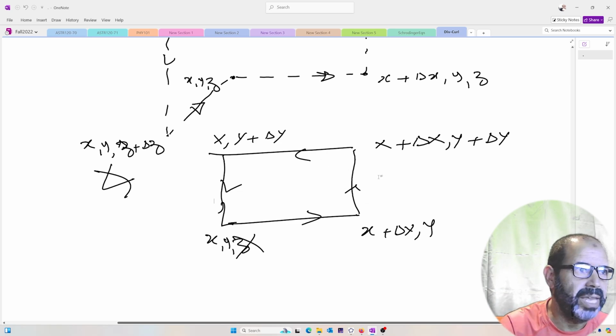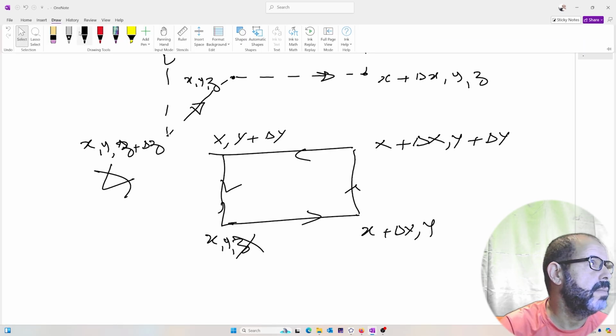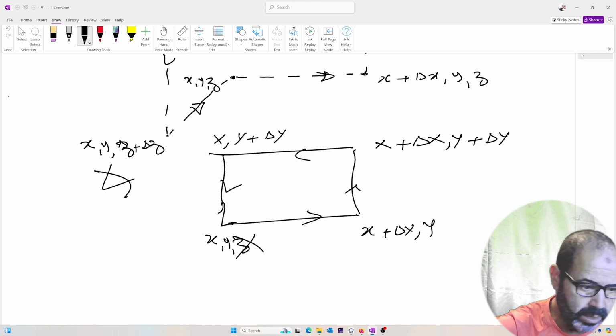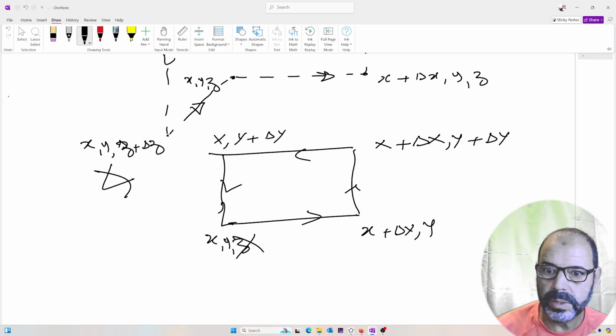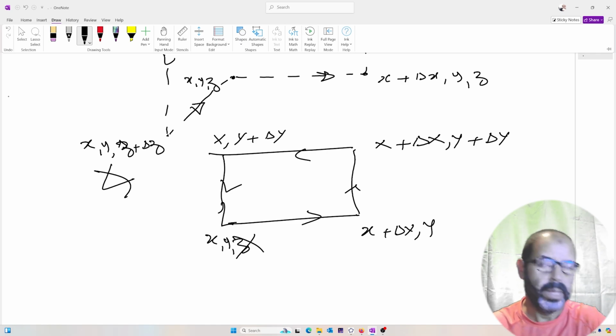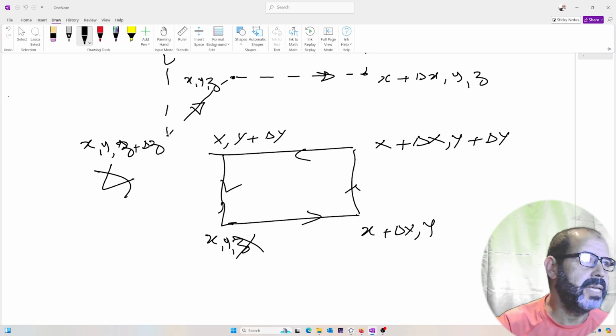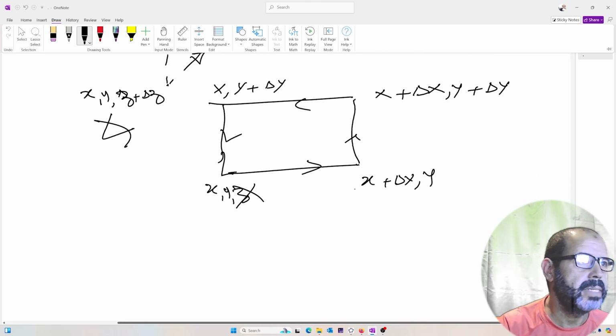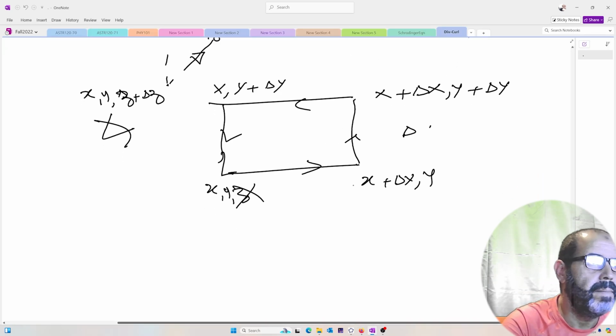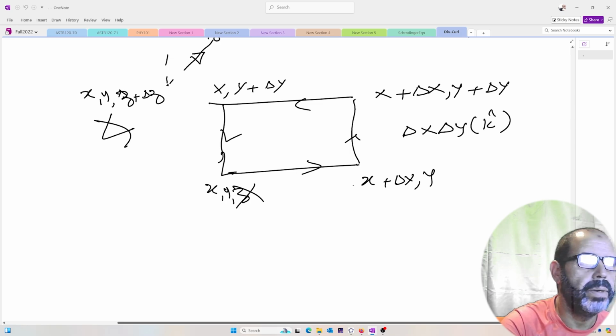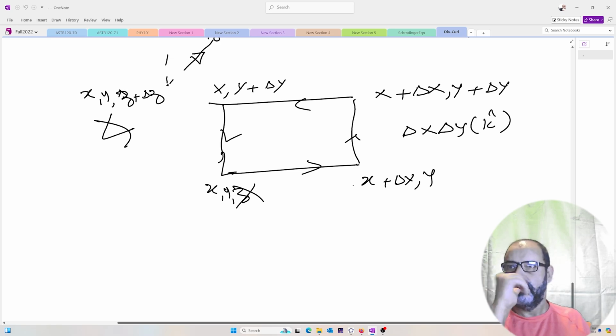So the size of the area, delta A in here, let me pull my pen again. The size of the area in this case is exactly delta x times delta y. And it's pointing in the k hat direction, pointing outside of the screen using the right hand rule.